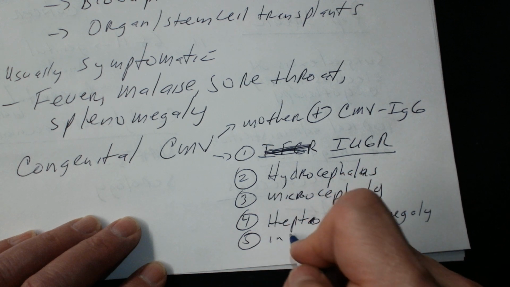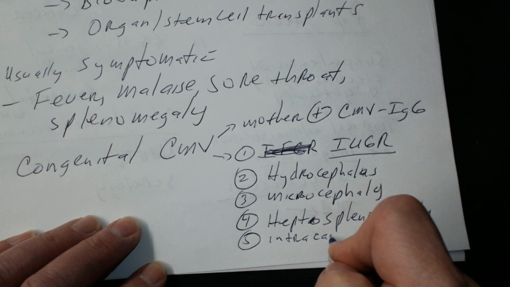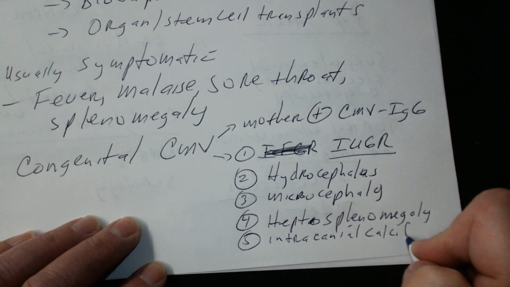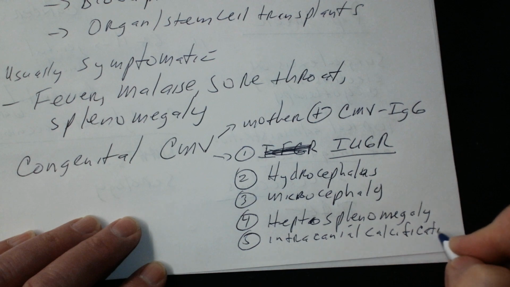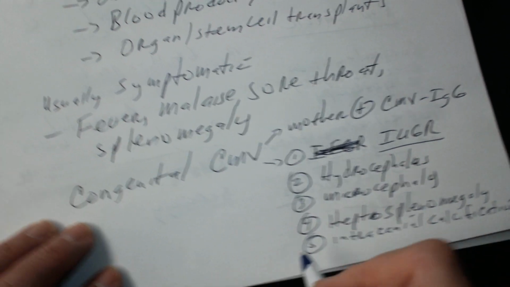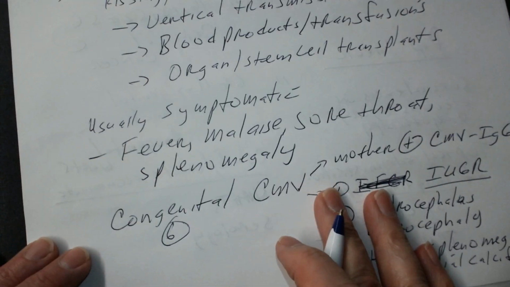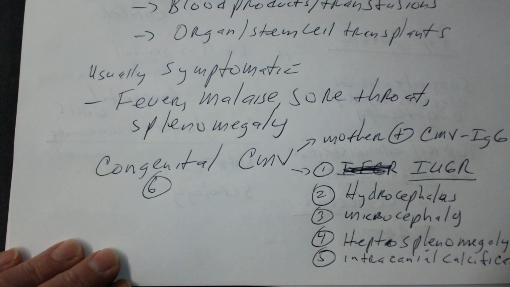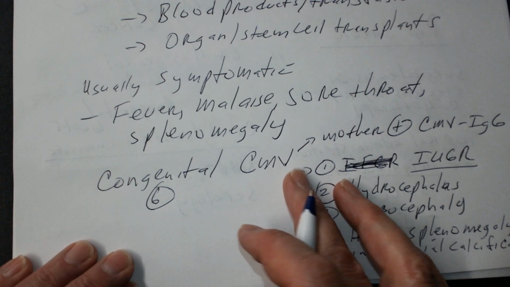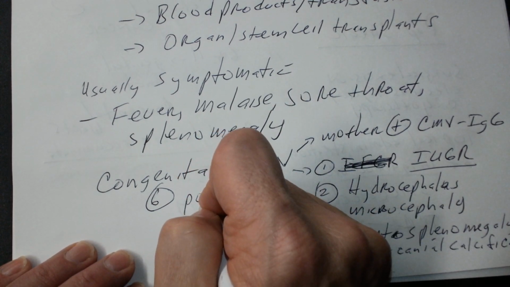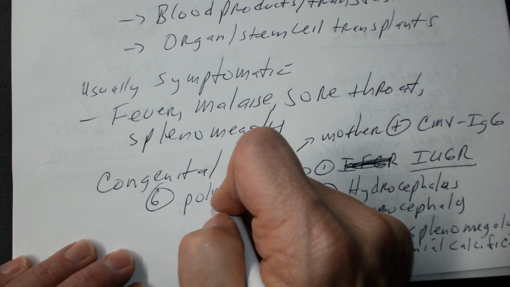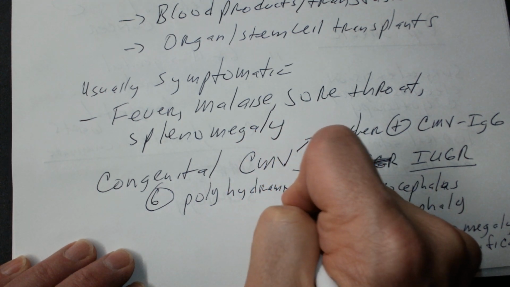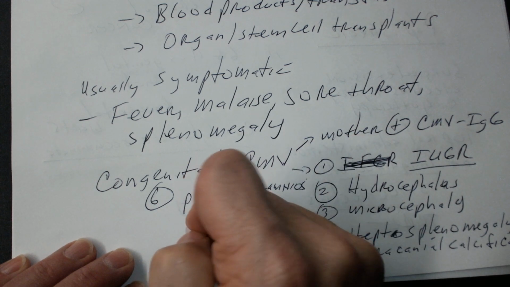There's usually also intracranial calcification. And then usually the amount of amniotic fluid that's made is too much or too little. So you have so-called polyhydramnios, or you might have oligohydramnios.